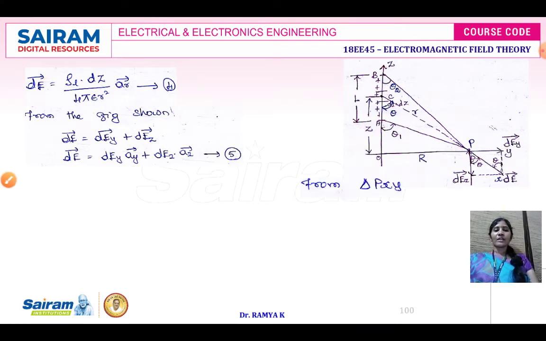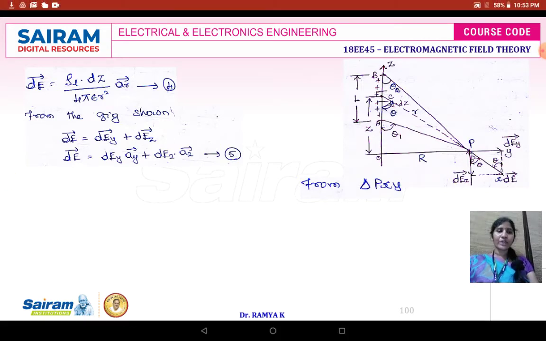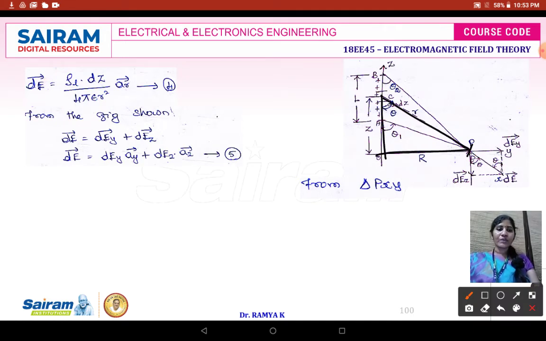From triangle PXY, this is the point under consideration. At this point, we are going to identify the value of electric field intensity from this triangle OCP. From this triangle, we need to identify sin theta and cos theta.